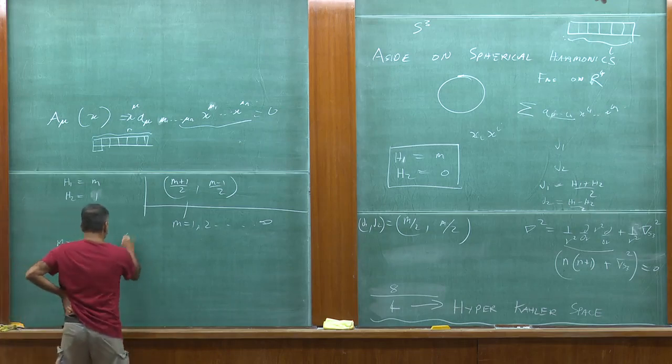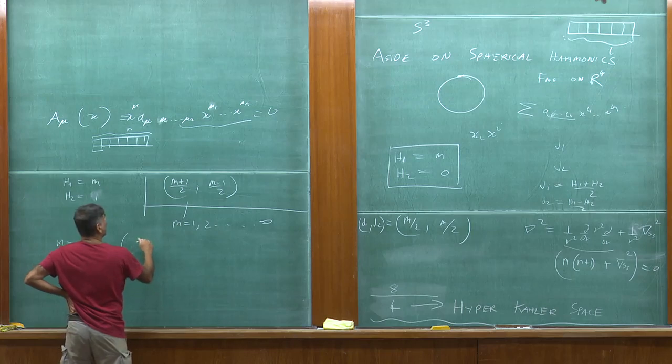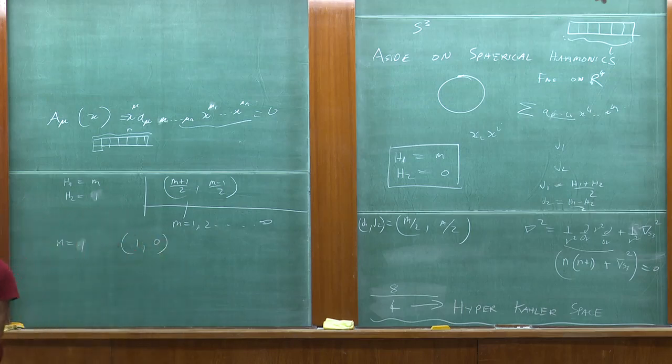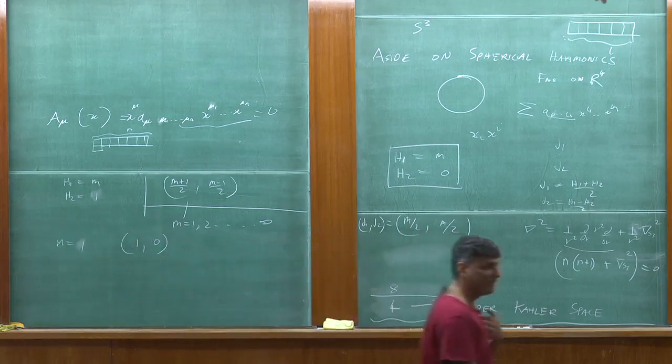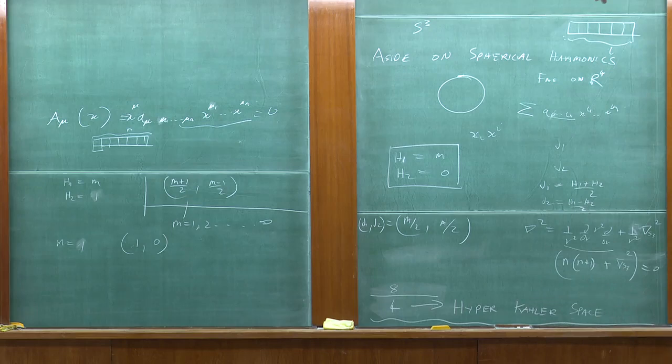That is the representation 1, comma 0. And then we will have 3 halves, comma half, and so on. We'll keep going. But notice 1, comma 0 is interesting, because that tells you that this particular guy is invariant under one of the two SU2s, but transforms under the other.